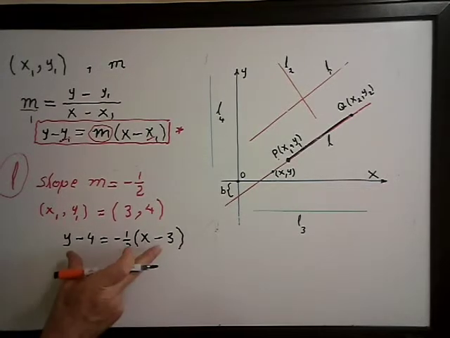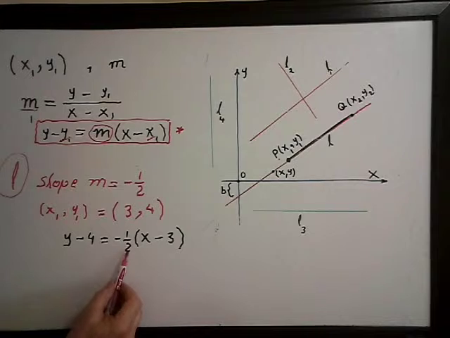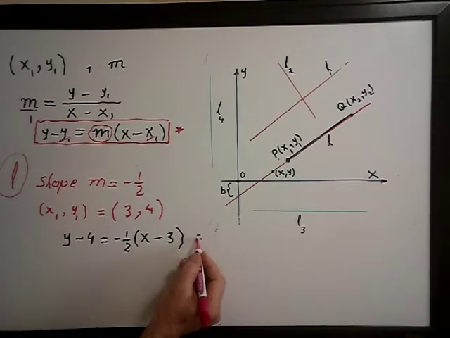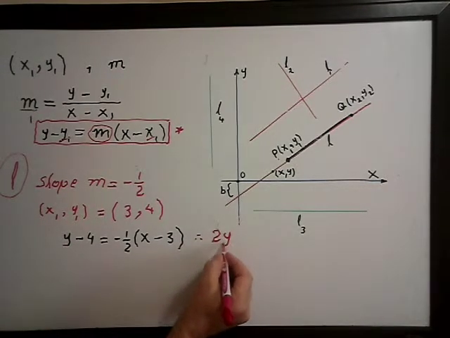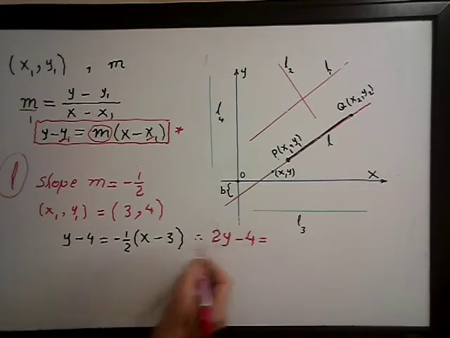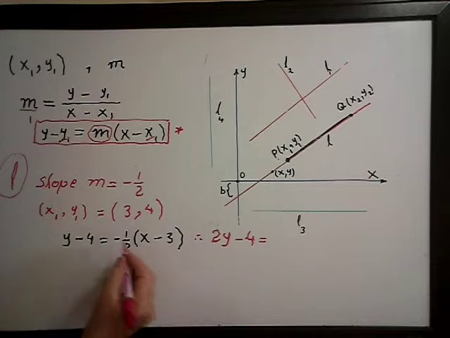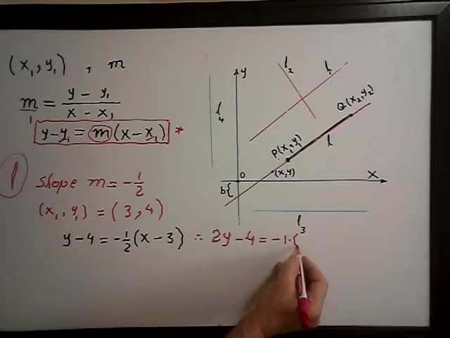And we try to simplify this equation by just multiplying both sides by 2. We can get 2y minus 4 is equal to, here by multiplying by 2, 2 will go with the 2, then negative 1 multiplied by x minus 3.